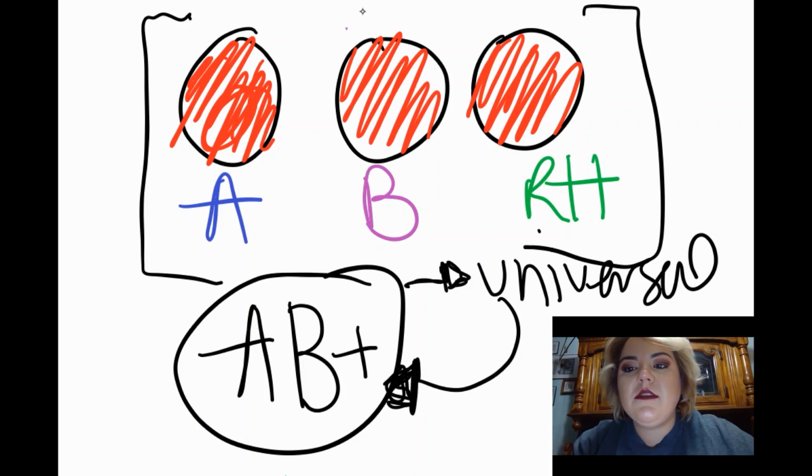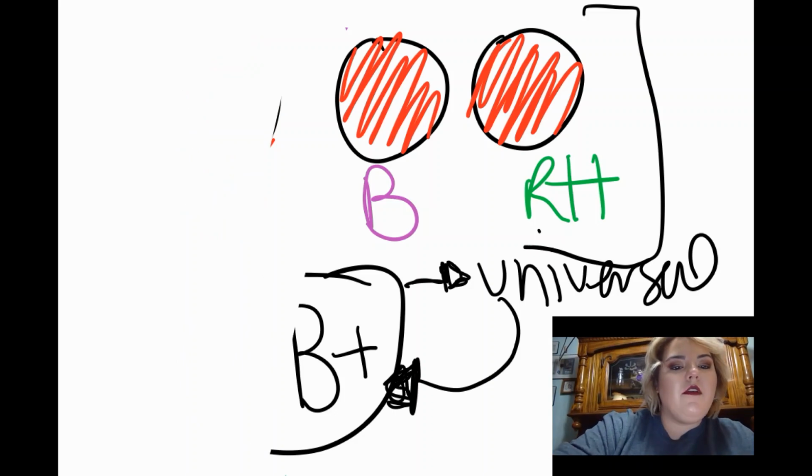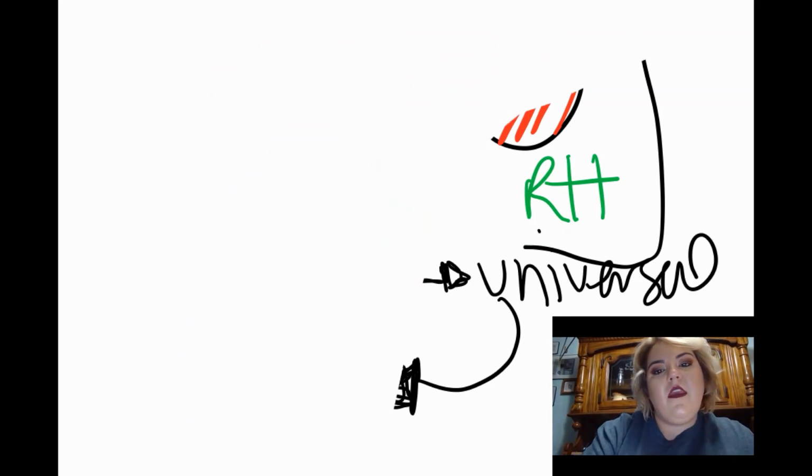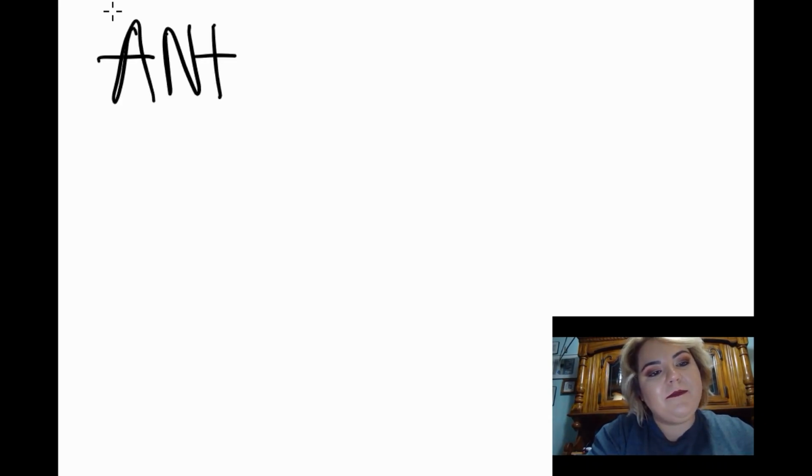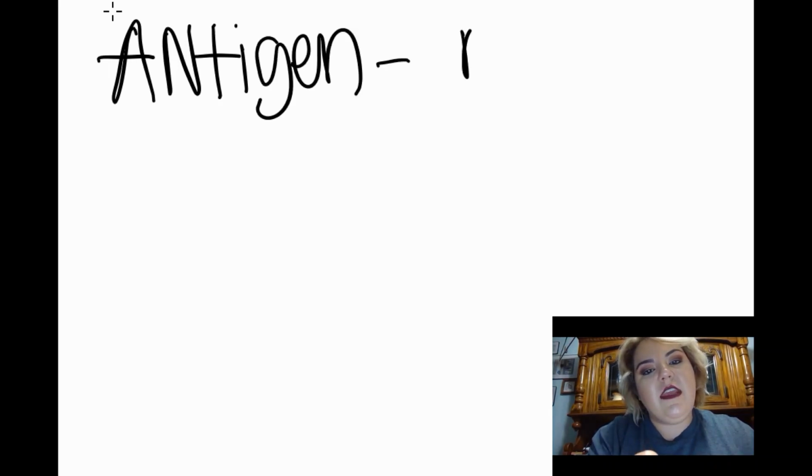Okay. So now that we've covered all of our bases here, I hope that you feel more comfortable with blood typing, and I hope that my explanation was helpful to you. I'm just going to write these terms again for you. So antigens are the name tags.